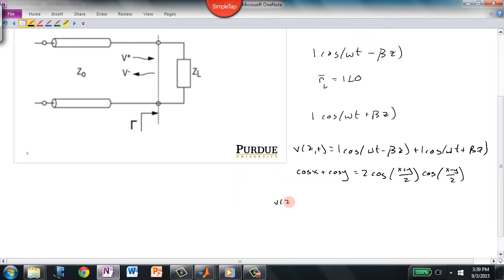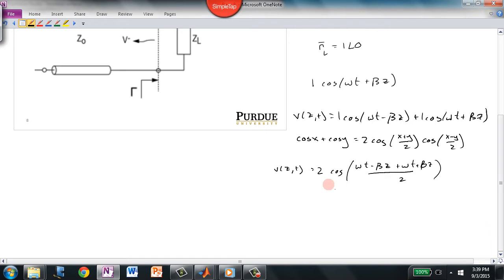So v of z comma t is going to be equal to 2 times the cosine of omega t minus beta z plus omega t plus beta z over 2, and then that gets multiplied by the cosine of omega t minus beta z minus omega t minus beta z over 2.